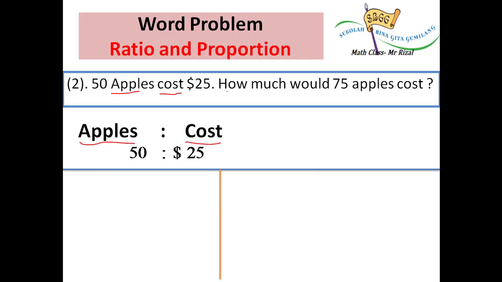Okay, rewrite the label: apples and cost, and then you write the number of apples if it is available. We see that there are 75 apples, so you just write 75. We don't know how much, so I make here a question mark for dollars.